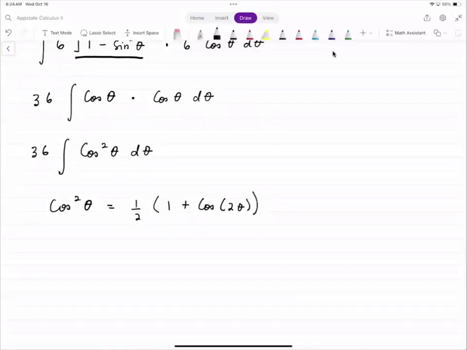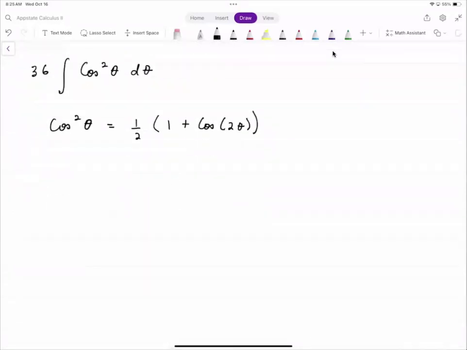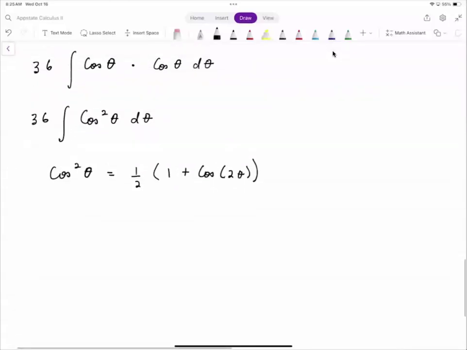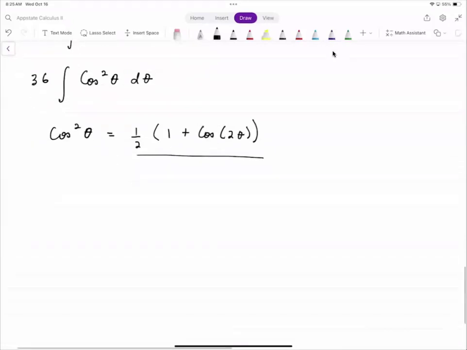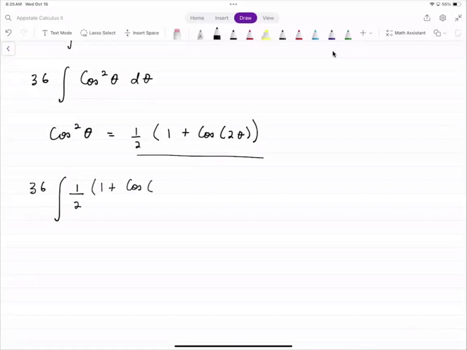We have learned this already. So we are just going to apply that. And so you can look through your notes, you'll be able to find this half angle property. So now, in place of cos squared theta, we can substitute this expression there. So we have 36 integral of 1 over 2, 1 plus cos 2 theta, and then d theta.